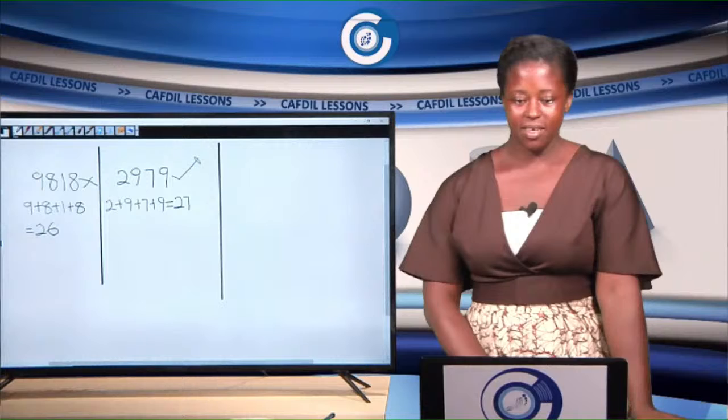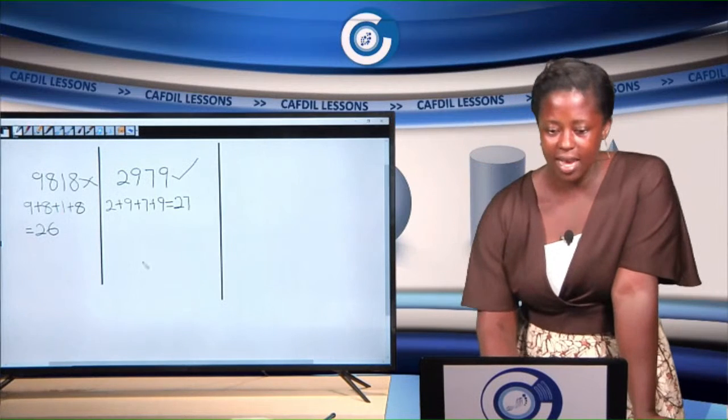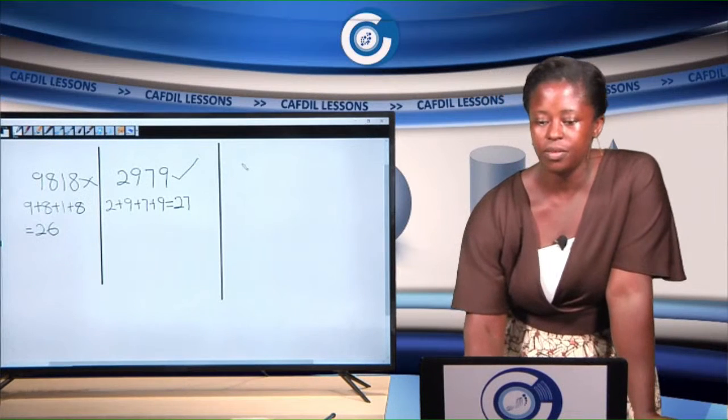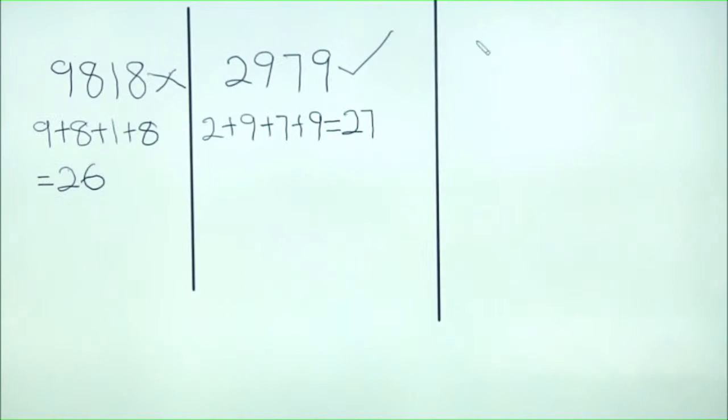Alright, learners, let's look at the last example and then we move on. You have 6,731. I want you to check if it is divisible by 9. You have just 30 seconds to do it.